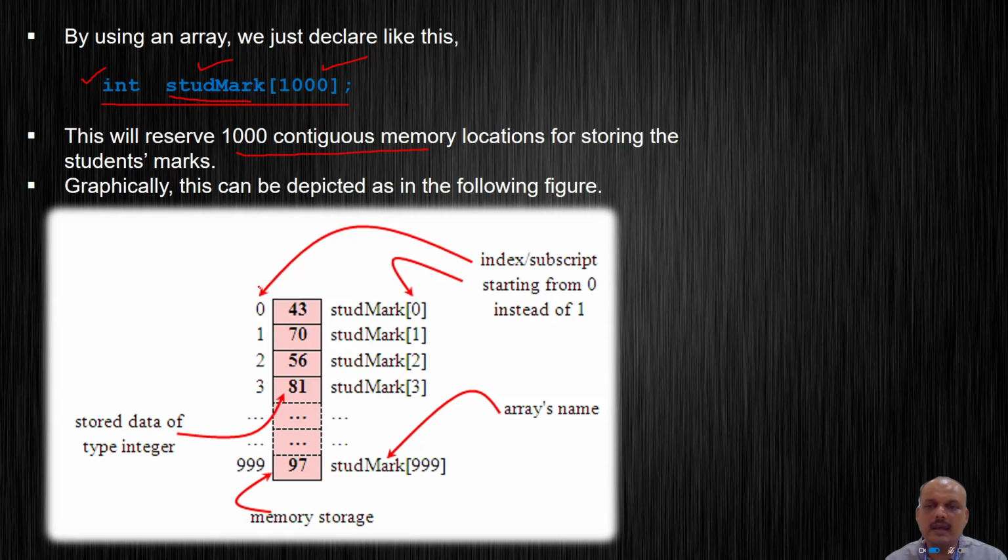This is how the array gets declared in the memory. Okay, so we have student mark 0, student mark 1, 2, 3 and so on till student mark 999. Student mark is called the name of the array, and 0, 1, 2, 3 we refer to as the index or subscript of the array.